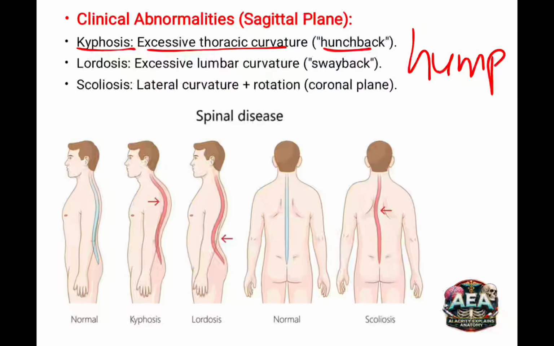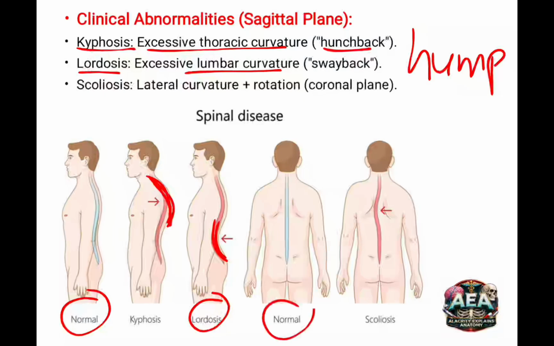We have lordosis, which is excessive lumbar curvature. This is normal. If you're looking at it from a coronal plane, we also have scoliosis, which is a lateral curvature and rotation of the vertebral column.